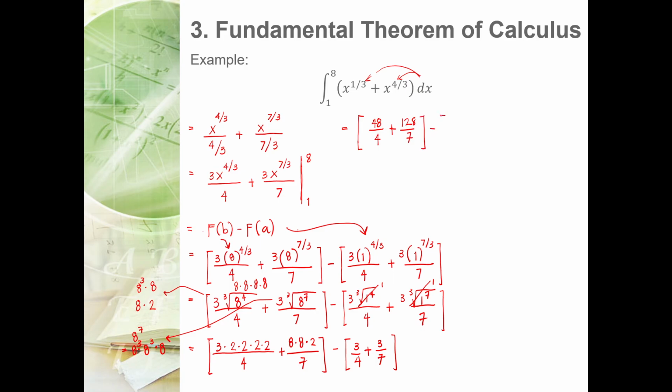And then minus 3/4 plus 3 over 7. Okay, so 48 over 4, that will be 12. So 12 plus 128 over 7. If you can try to simplify 128 over 7, I think it's not divisible by 7, so let's try to keep it that way.